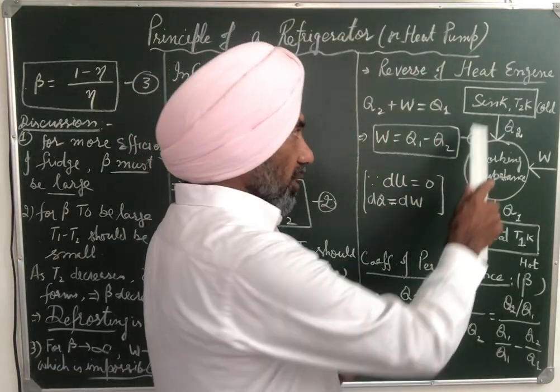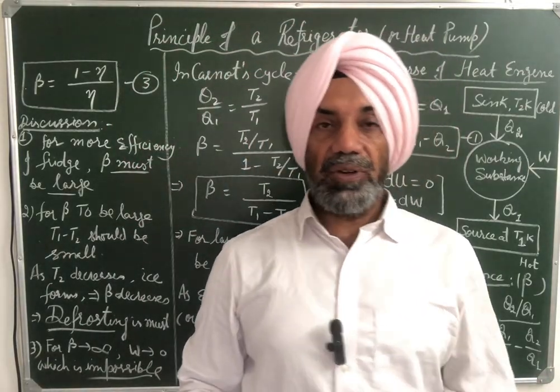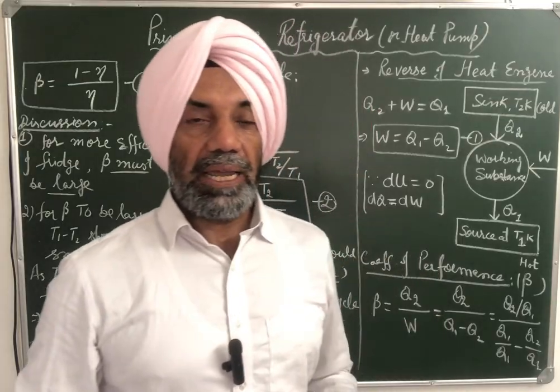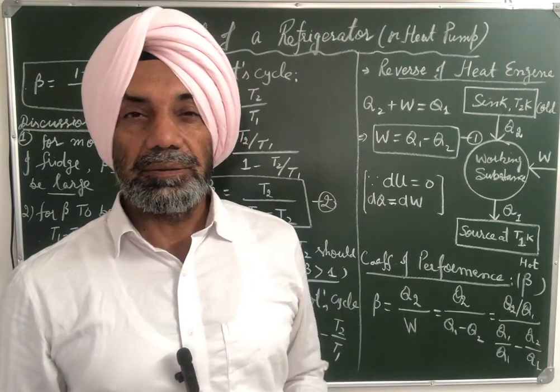But when we have to draw heat from a body at low temperature and transfer it to a higher temperature, work has to be done, which is done by the compressor or electric motor.